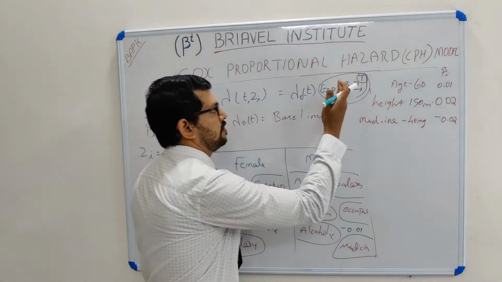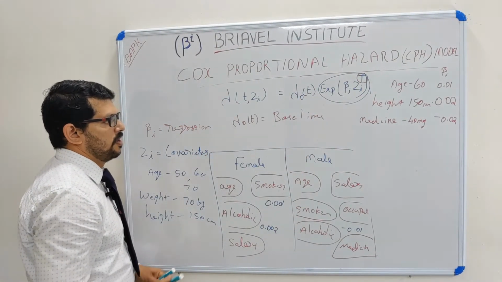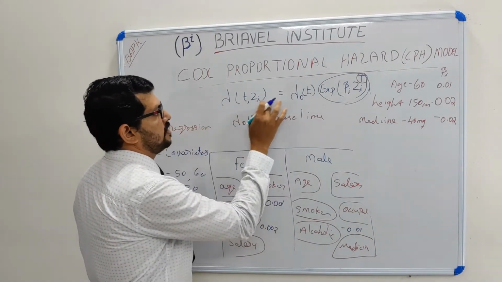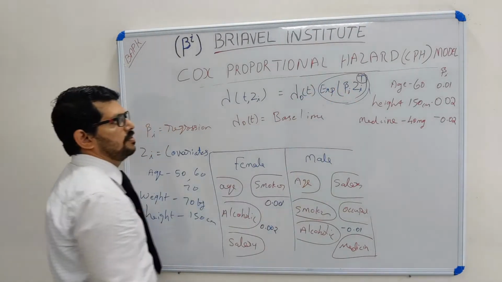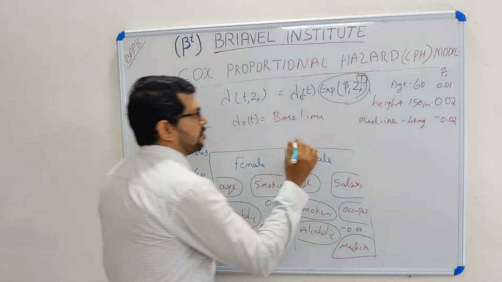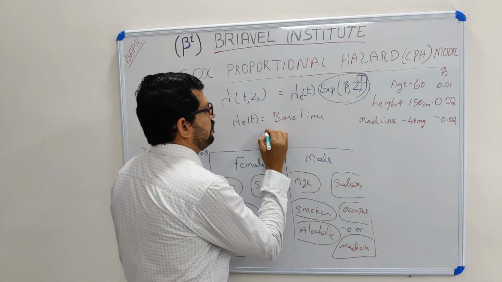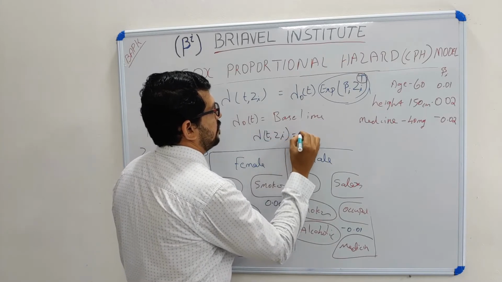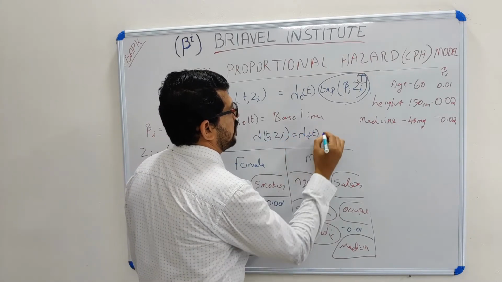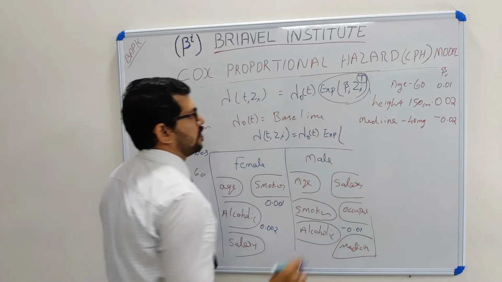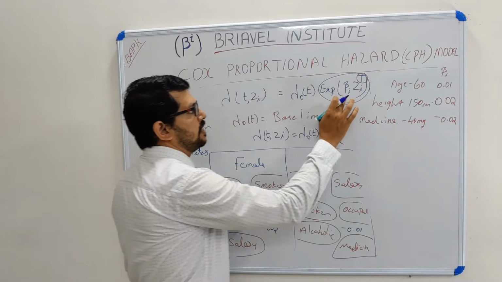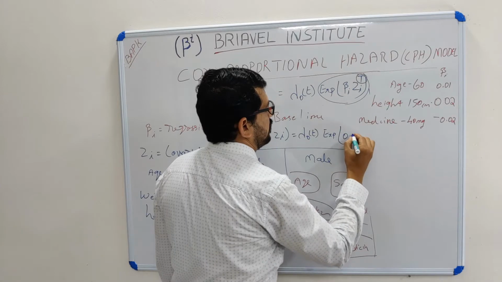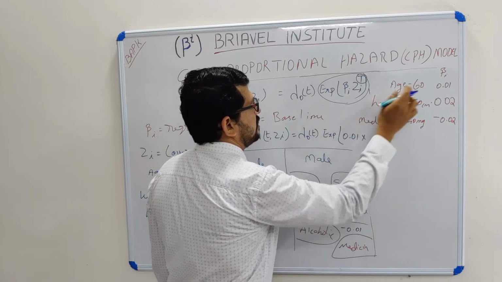How to place these into our equation? So this is our equation: lambda of t and Zi is equal to lambda 0 of t exponential of beta i into Zi transposed. So lambda of t and Zi equals lambda 0 of t exponential of beta i, 0.01, into Zi, which is age 60.